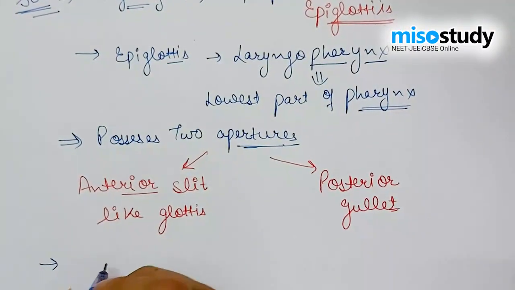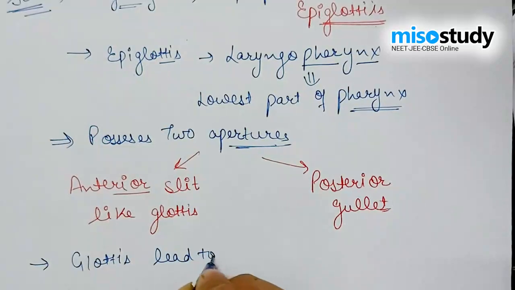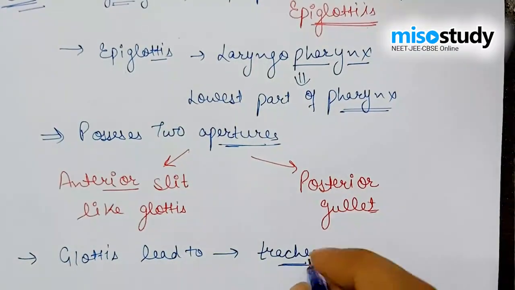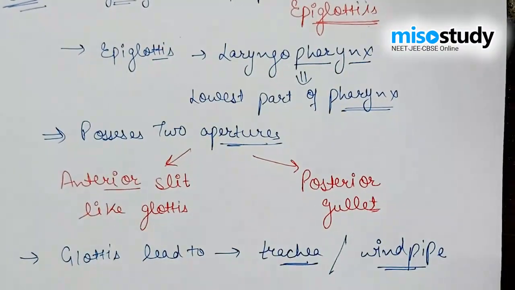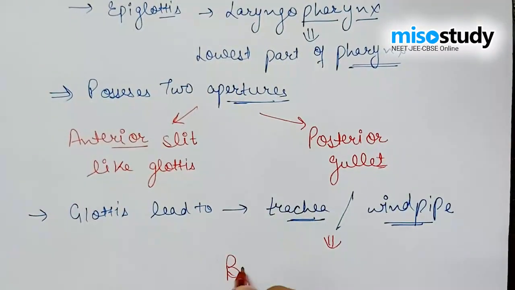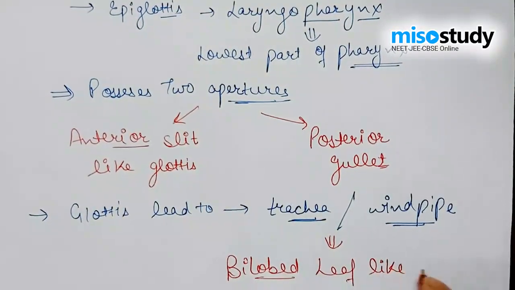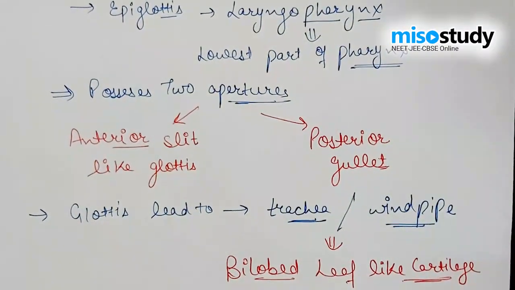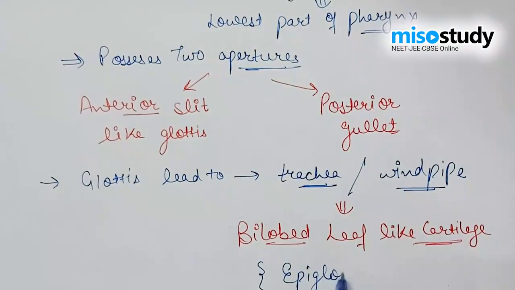The glottis leads into the trachea, also known as the windpipe, which is generally closed by a bilobed leaf-like cartilage, also known as the epiglottis.